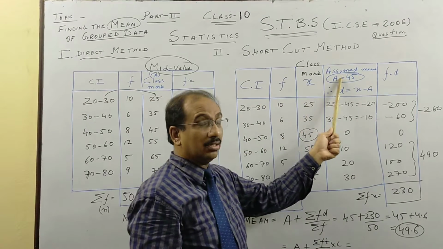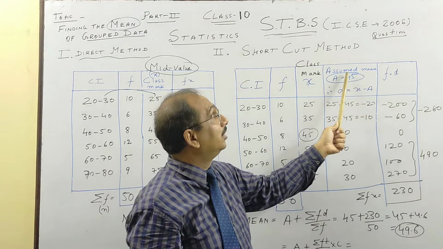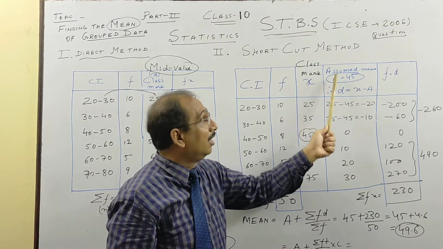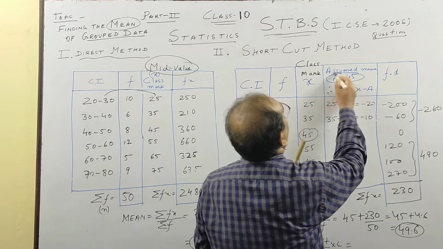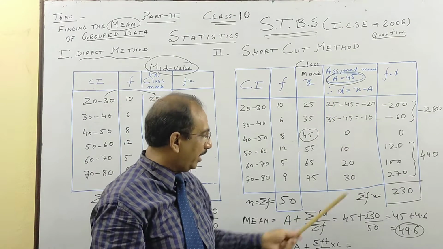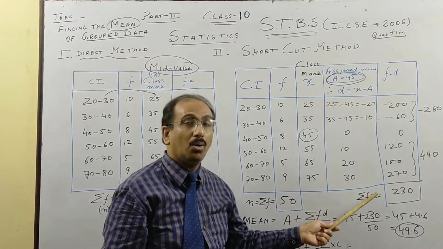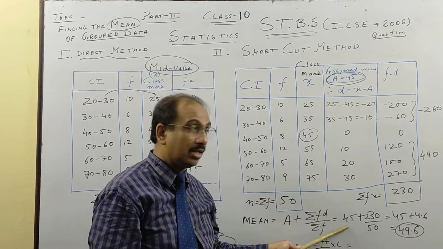Now this method and the next method are also called the assumed mean method. We assume the mean, which in this case is 45. We let the answer be 45, and then we will see how far reality is from 45.